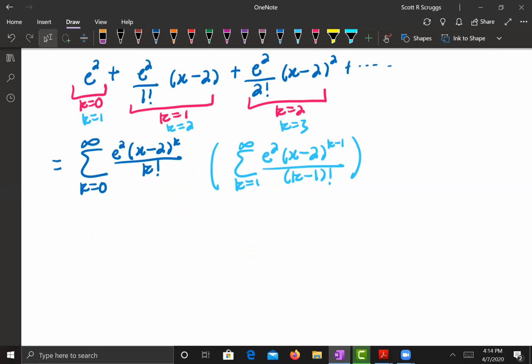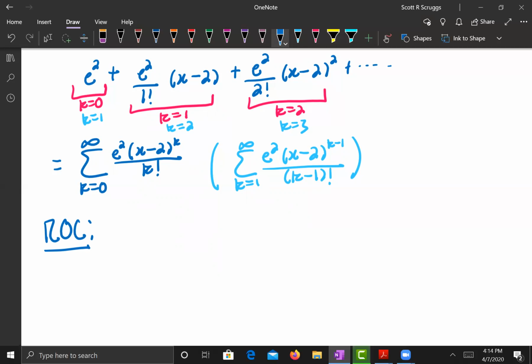All right. And now let's figure out, since I have a brand new series, what my radius of convergence is. Quick poll. How many of y'all went ahead and figured out what the radius of convergence was?